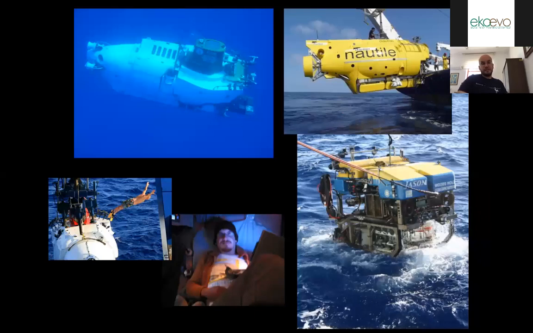some of which you see here. I was also lucky to dive with Alvin and Nautile. Alvin is American. I was able to dive 5 times, 4 times with Alvin, 1 time with Nautile, to the deep Pacific. But you can also explore them remotely with deep diving remotely operated vehicles called ROVs.